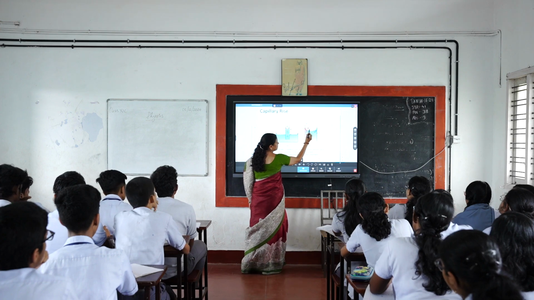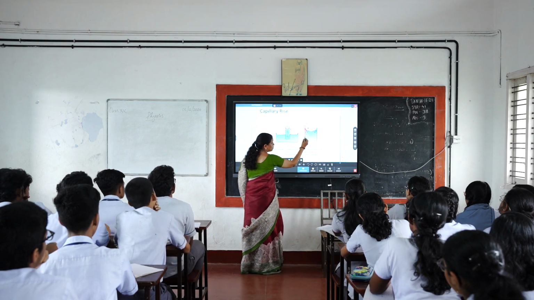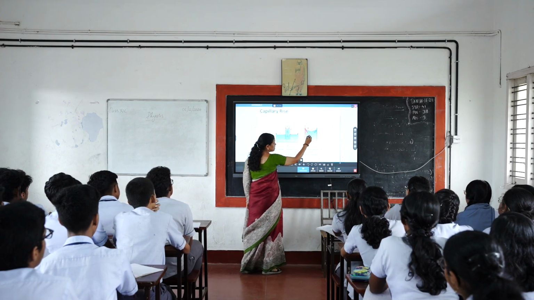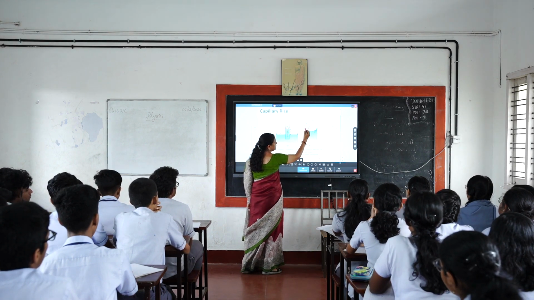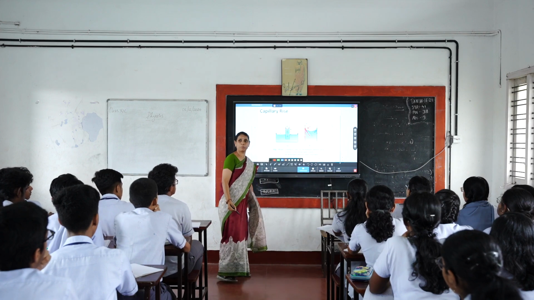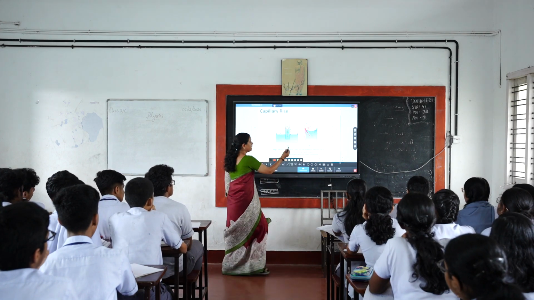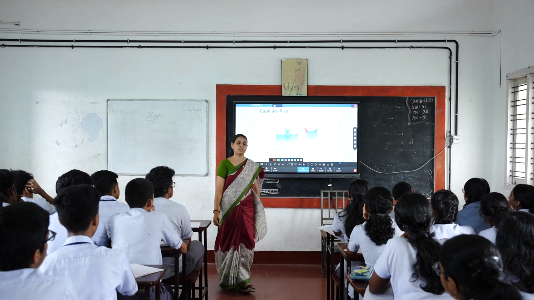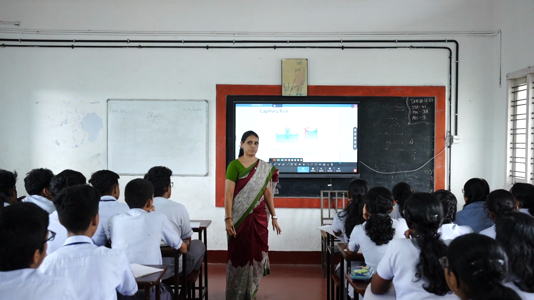Now this line is perpendicular to this surface, and you know the tangent and the radius will always be perpendicular. So the angle between these two and the angle between their perpendiculars will be the same.